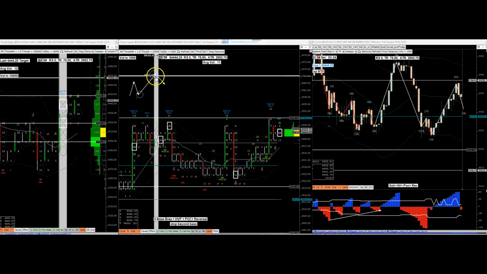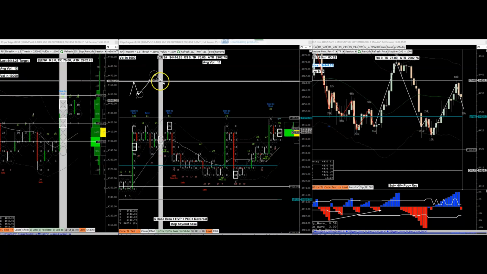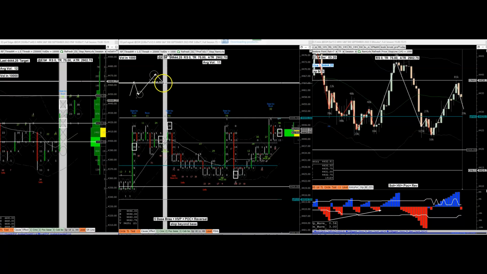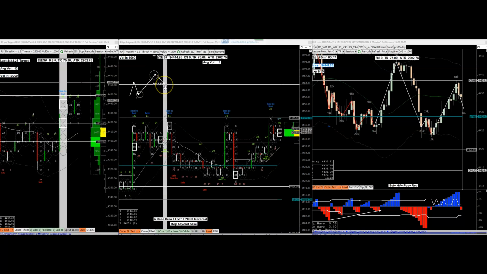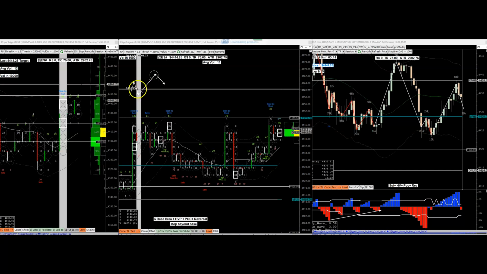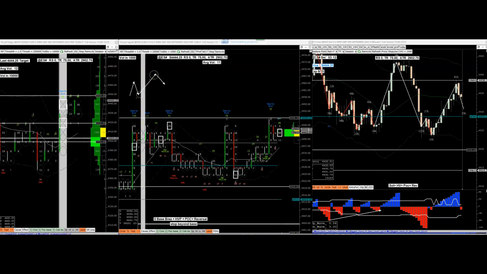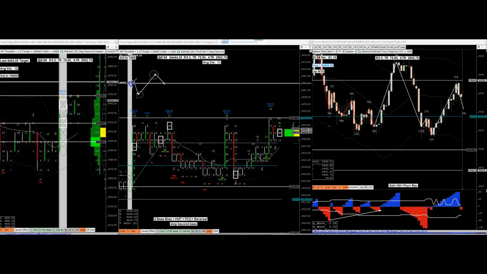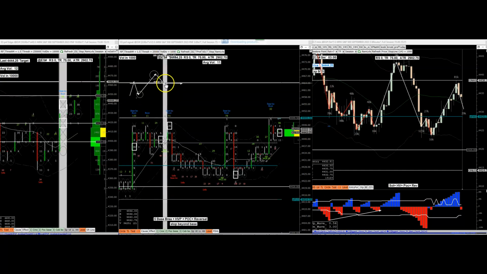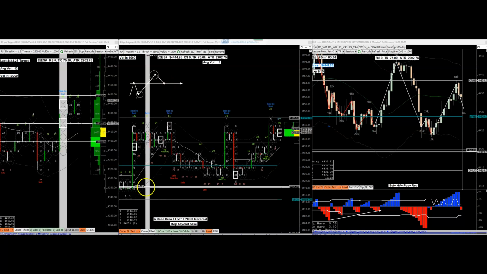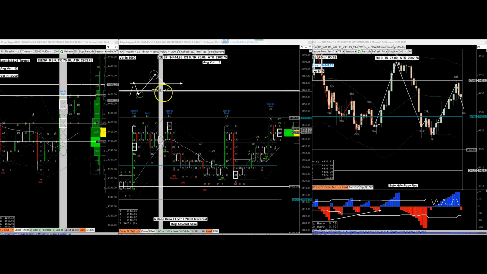This distribution on this turning point is setting up the pullback. It is causing the pullback. The pullback is the test you use to enter. And when it comes here, typically there's some reaccumulation to go higher.